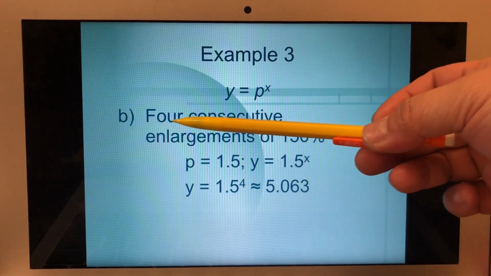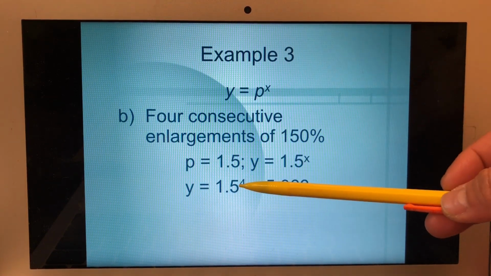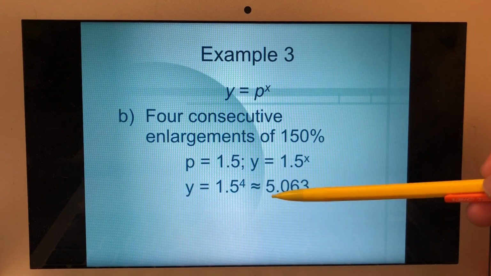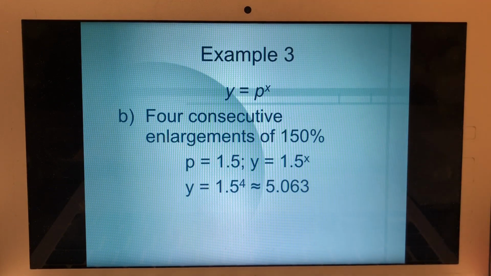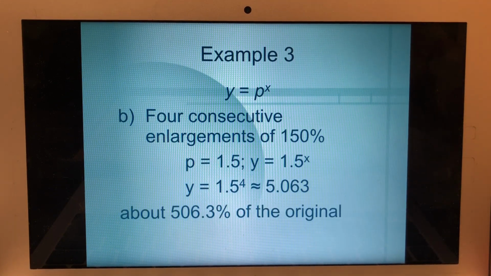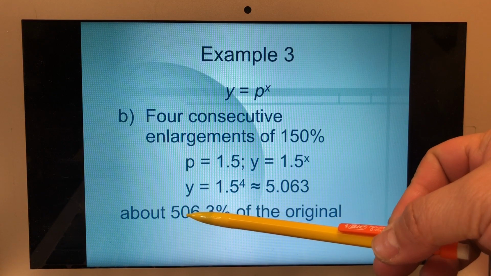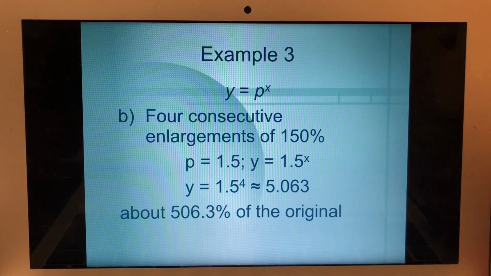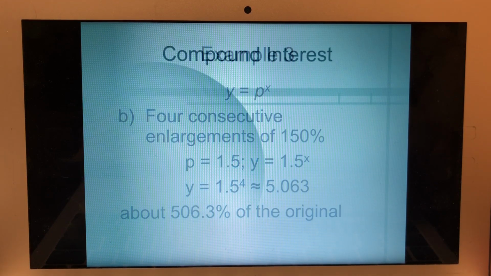So we want 4 consecutive enlargements, so that's what our x is going to be, 4. 1.5 to the 4th power gives us approximately 5.063, and that means we're going to get about 506.3% of the original. That's a very large enlargement of our document.